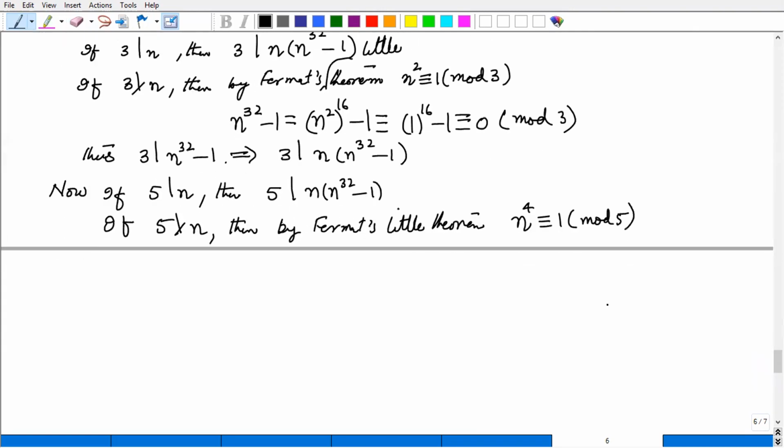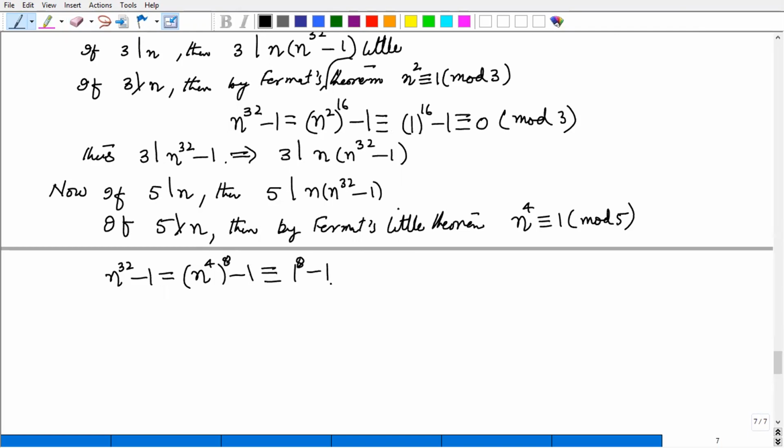Now n to the power 32 minus 1, which is equal to n to the power 4 whole power 8 minus 1, is congruent to 1 to the power 8 minus 1, which is congruent to 0 modulo 5. So it means 5 divides n to the power 32 minus 1.